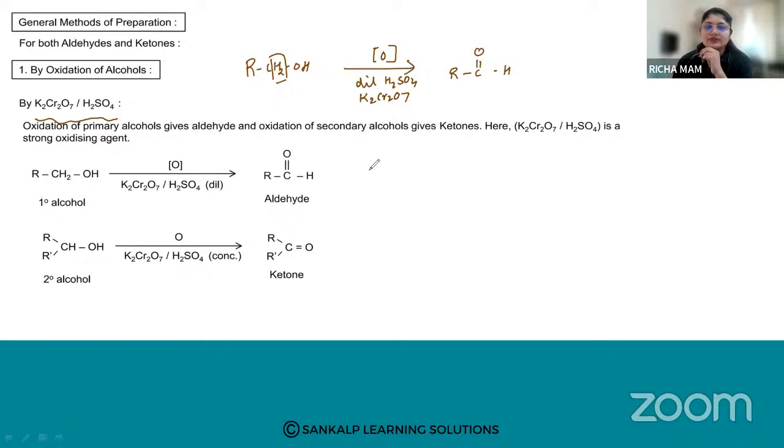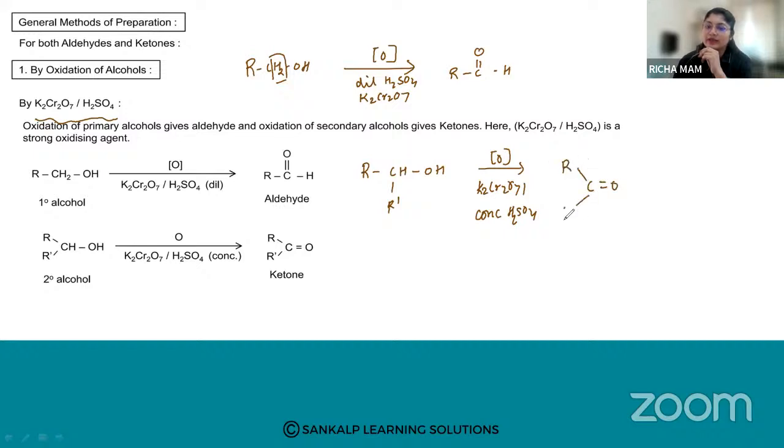Accordingly, if I take a secondary alcohol and again do an oxidation, now taking K2Cr2O7 in the presence of concentrated H2SO4, I'm going to get a ketone.